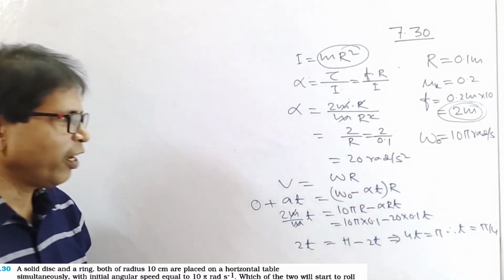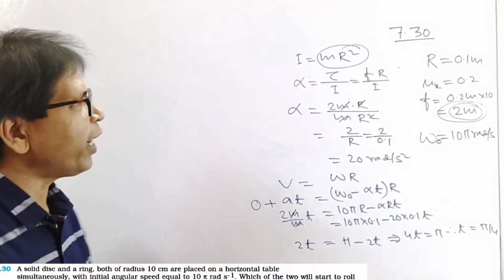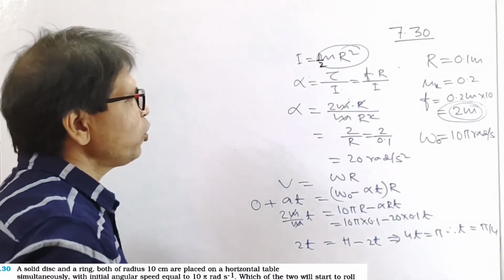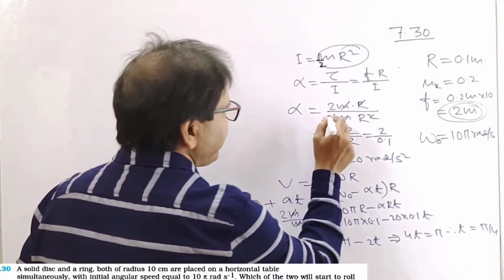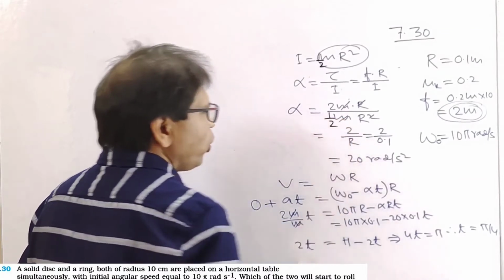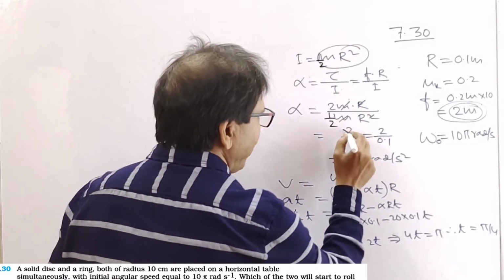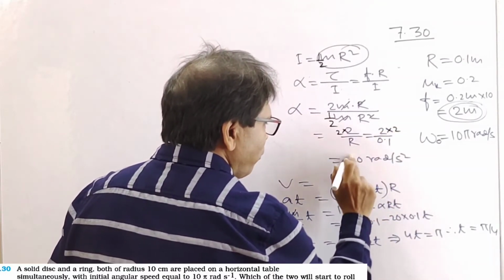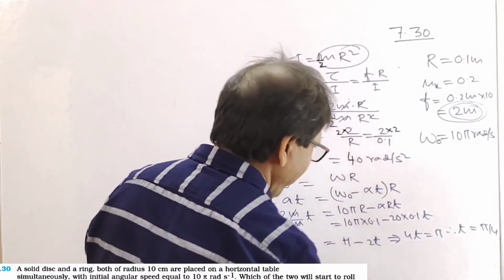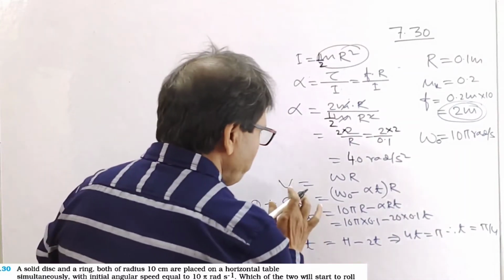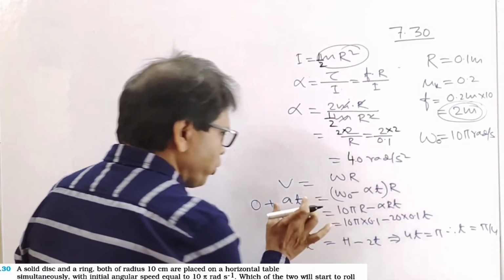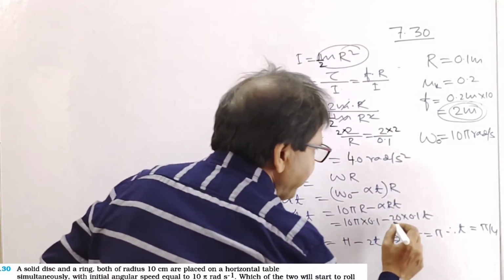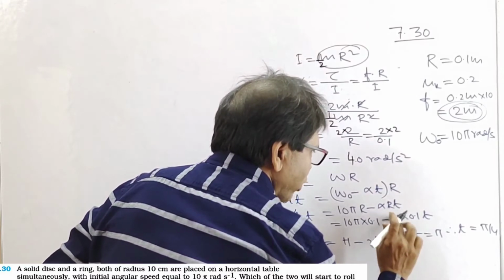Okay, understood? In case of disc, look at this, the moment of inertia is half mr square. So here this is half mr square. So here look at this, 2 by r, so this is 2, so this is the 40 angular acceleration. Okay, now look at this, v equal to omega r. Now alpha, look at this, here alpha is equal to 40.